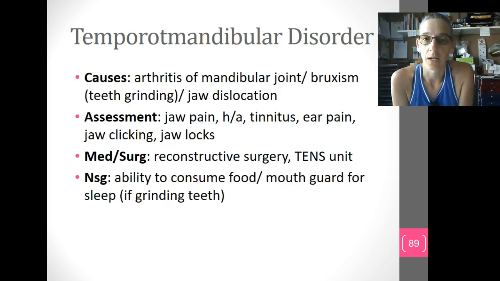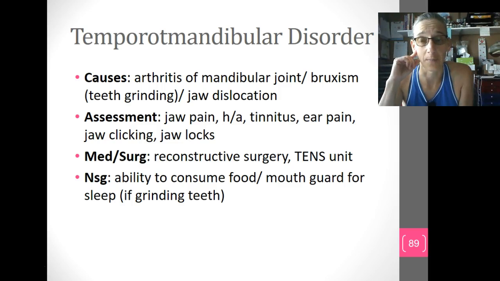My jaw clicks very loud quite frequently. So I don't know if you'll be able to see on the video here, but okay, so that's constant for me. So when I chew and eat, I do sometimes get worried that it is going to lock up if I open too wide, especially if I'm sitting at the dentist office with my mouth open. I'm very careful not to open it all the way because I am fearful that it's going to lock and I won't be able to get it closed.